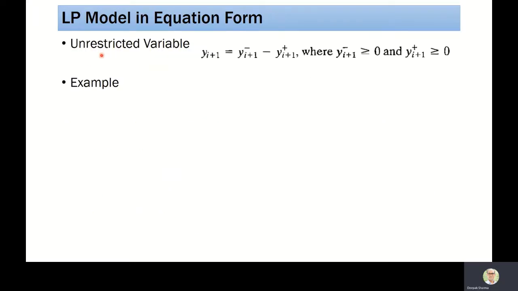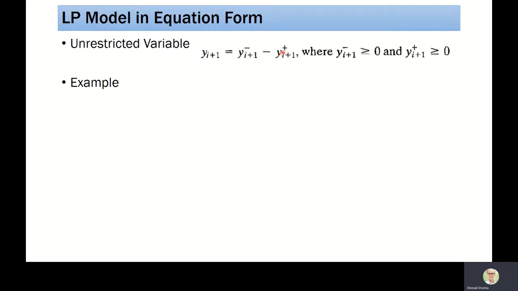Since an unrestricted variable can take negative or positive values, we represent it as y with subscript i. We write this variable in terms of two different variables: y plus minus y minus.